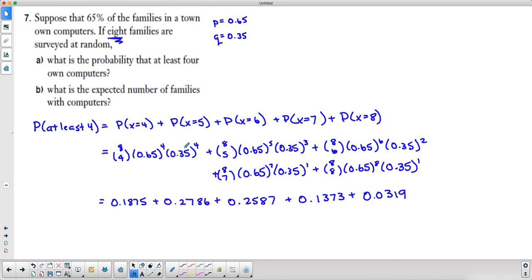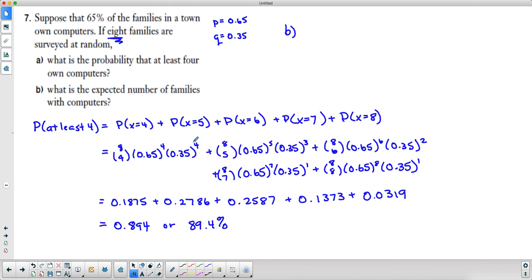You can't go wrong with putting a set of brackets around each term, but definitely try to punch this out and make sure you get the same answer as I do, which is 0.894 or 89.4%. So that means there's an 89.4% chance that we're going to find at least 4 computers in a family household.